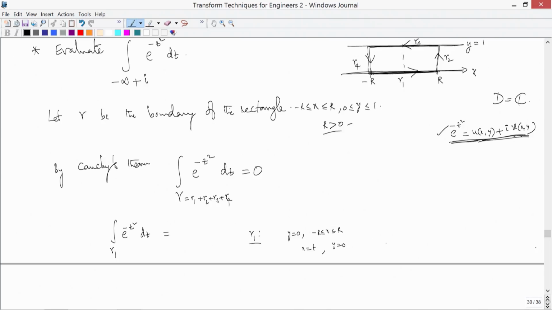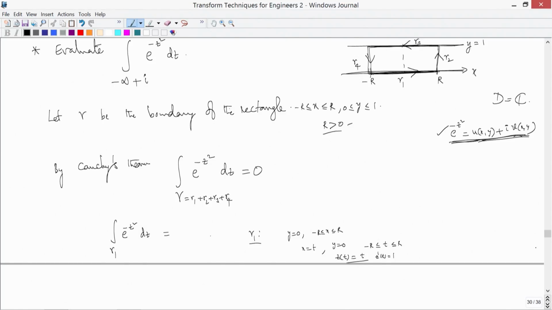So, what you get is t is between minus r to r, and you have z of t is x of t plus I times y of t, which is t plus I times 0. Okay. So, this is exactly what you have. So, z of t is t. Because of that z dash of t is 1.